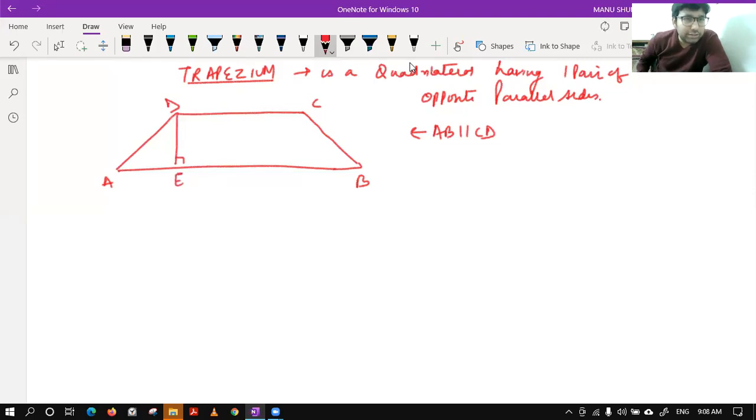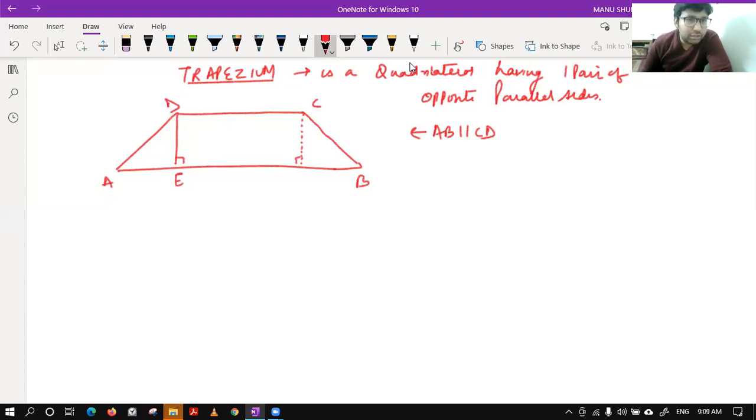There are many ways to find the area. One way is to divide this trapezium into a triangle and a parallelogram, or two triangles and a rectangle. There are many ways, but we also have a direct formula.